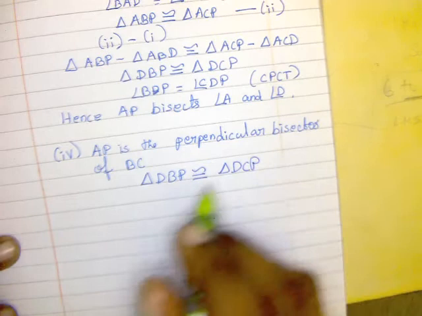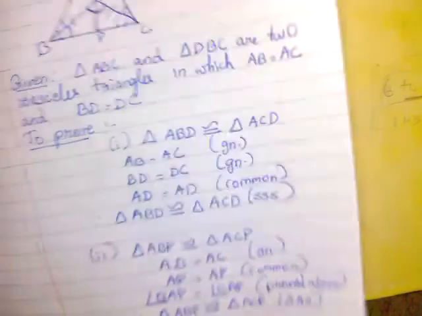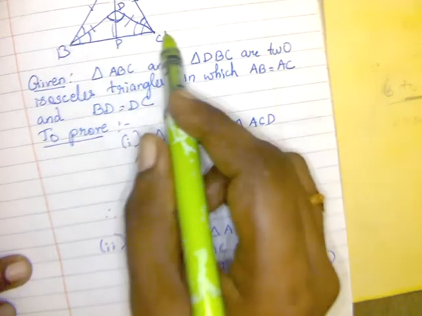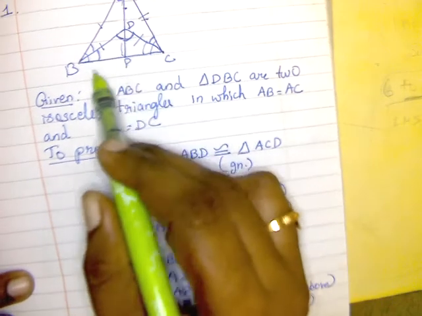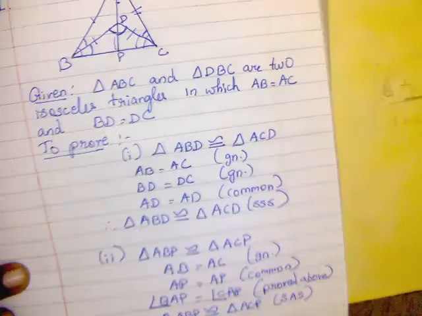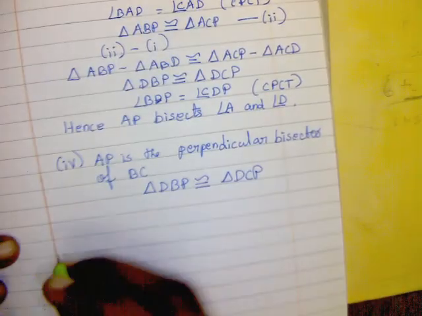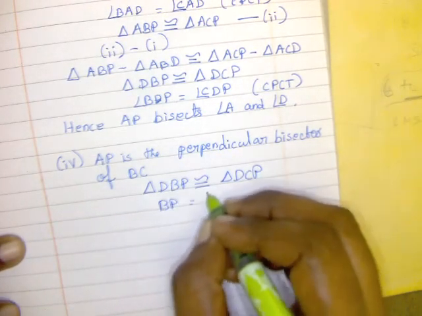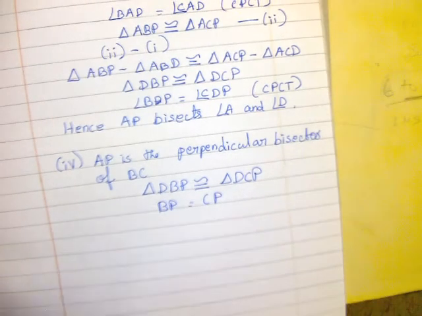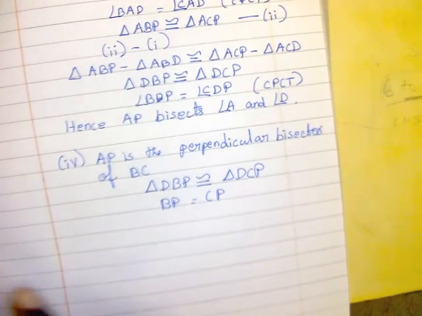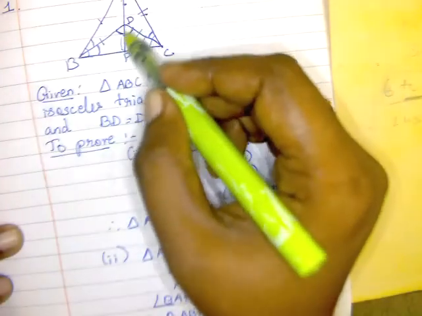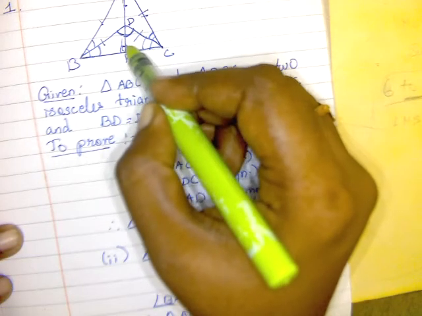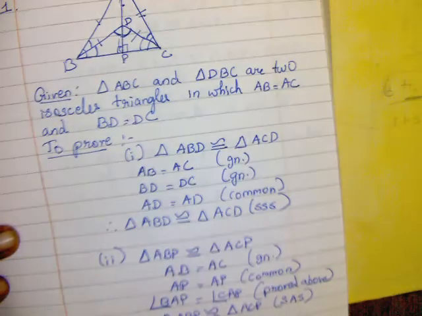So now what we have proved here is that triangle DBP is congruent to triangle DCP. This only we proved. Once we proved it, what can you say? BP is equal to CP by CPCT. That we can write. Again, by CPCT here, we can say angle DPB and angle DPC, both angles are equal.